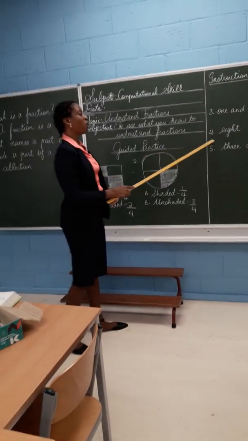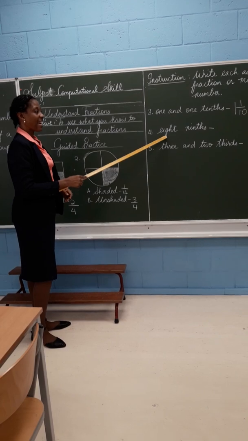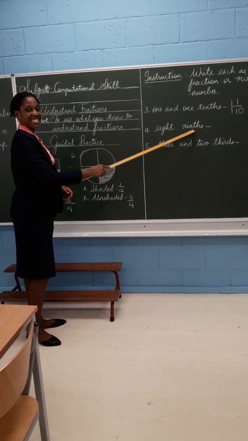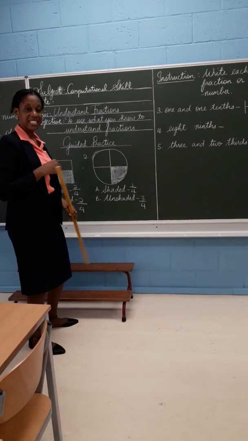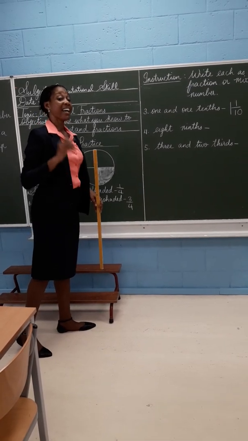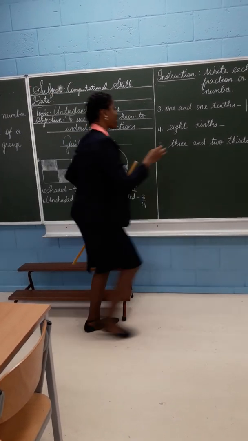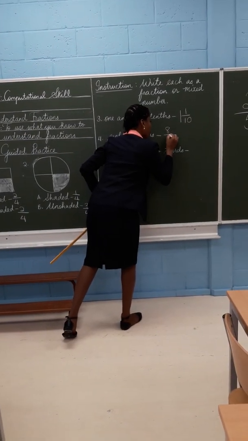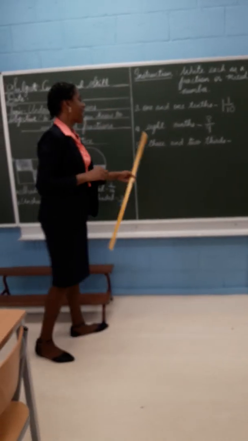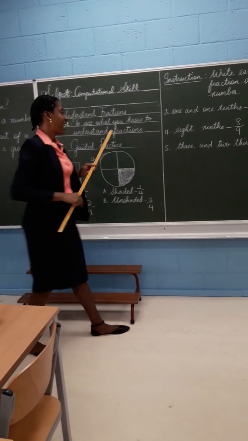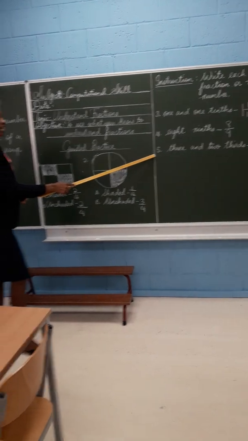Let's try number 4. Let's read together. 8/9. How do we write that? Shanoa. 8/9. That's good. 8/9. And the last one.